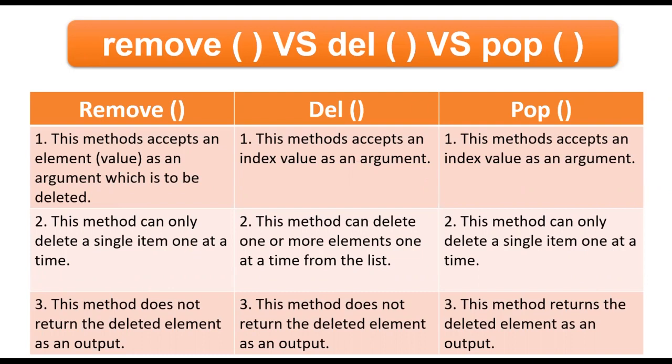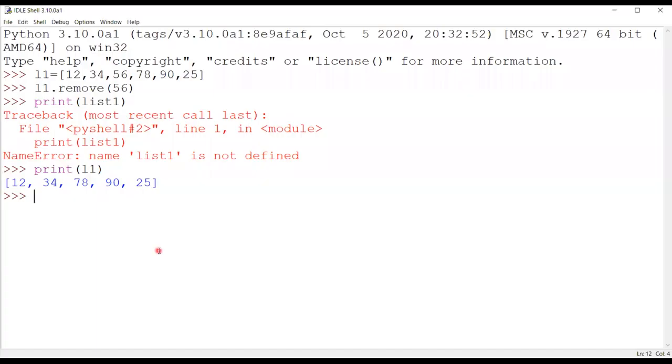So let me show you this, although we have done it in the previous videos as well, just to recapitulate everything. L1.pop. Now, I need not pass the element directly, but I need to pass the index position. So I want to remove the element from the 0th location, let's say. So I'm passing 0 inside my pop function and it is returning me 12, right?